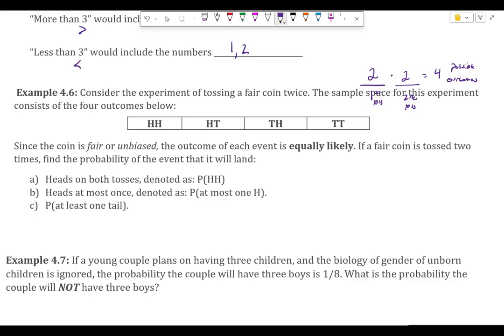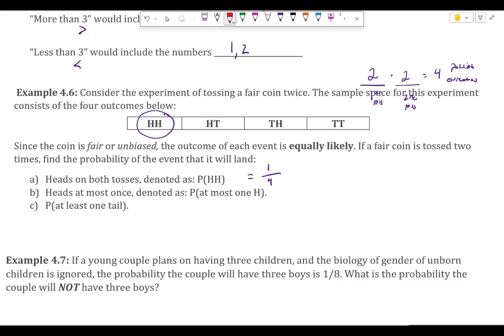So in A, it says the probability that it will land heads on both tosses, or heads, heads. Well, we can just look at the sample space and see that there is one possible outcome that is heads, heads out of a total of 4. In a little bit, we'll look at some other ways of using our probabilities. But for right now, this is the way we're going to try and solve this.